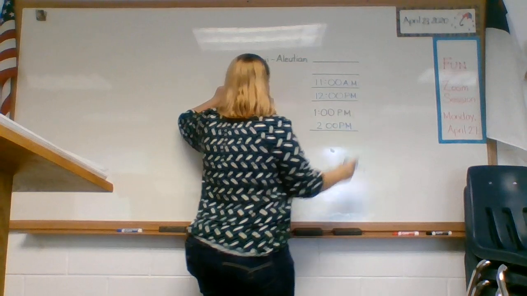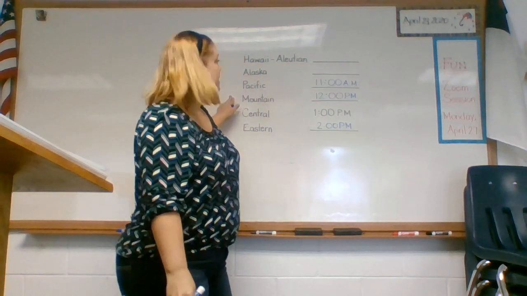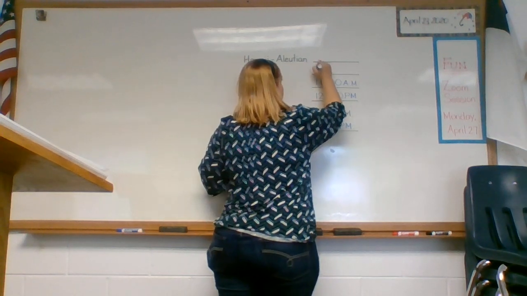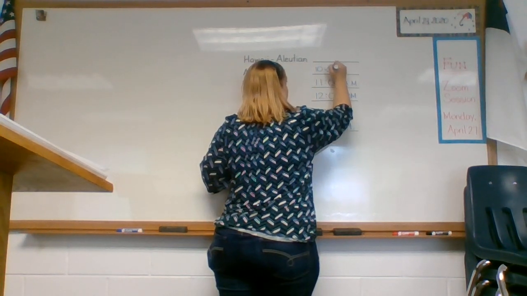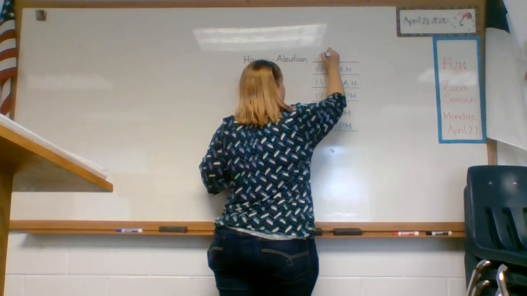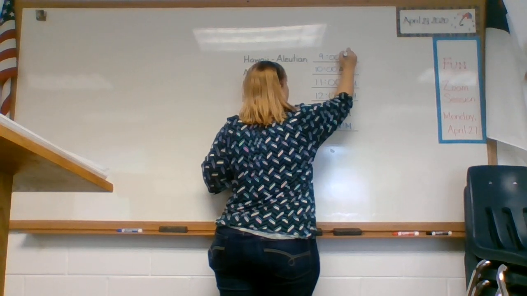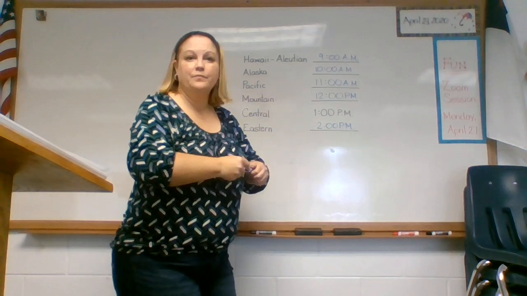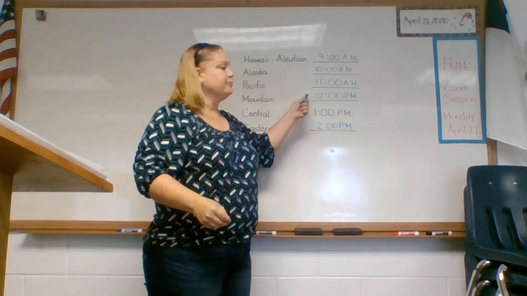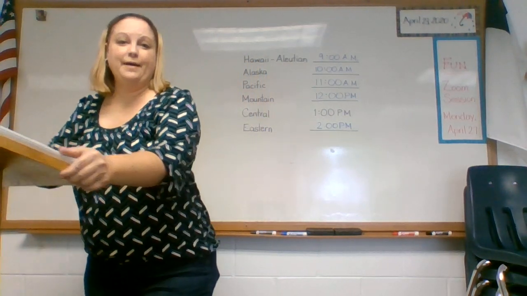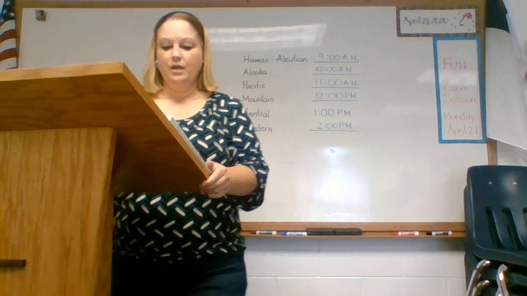So if it's 12 p.m. in Mountain Standard Time, it's going to be 11 a.m. in Pacific Time. And then as we go backwards, 10 a.m., and backwards yet again in Hawaiian Aleutian Time, 9 a.m. Okay, so just remembering, watch out for noon or watch out for midnight, because midnight is typically 12 a.m. and noon 12 p.m. In your class practice, you're completing that chart.